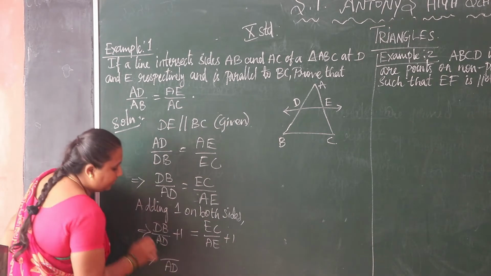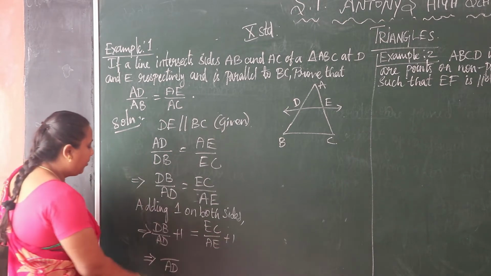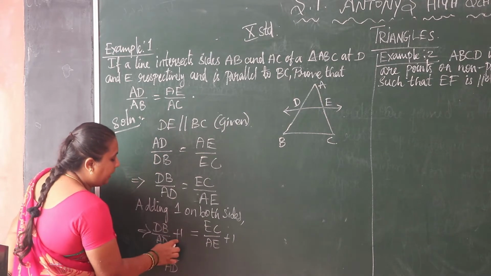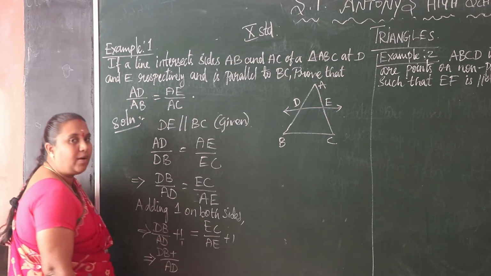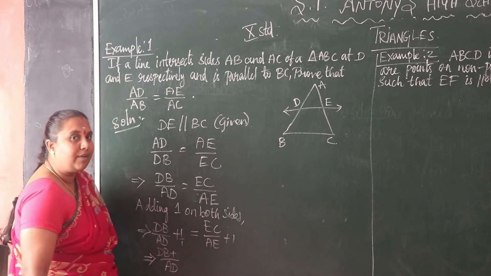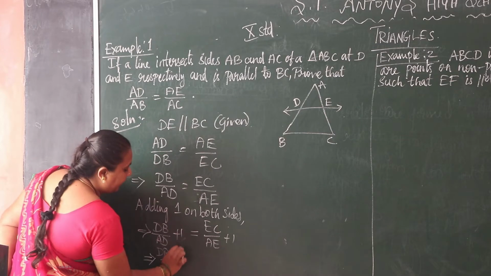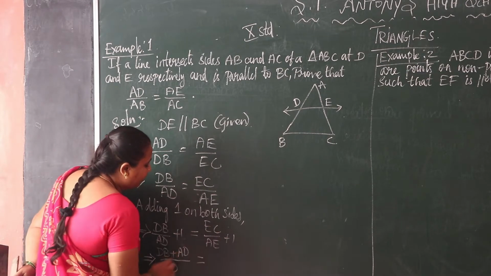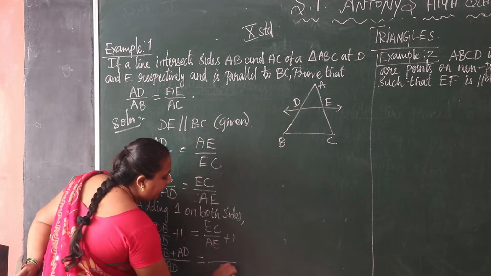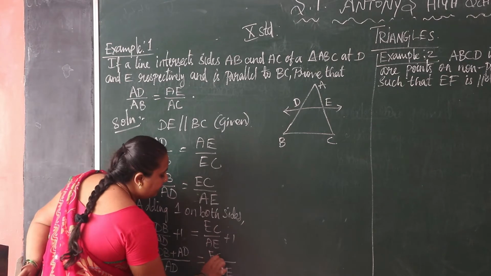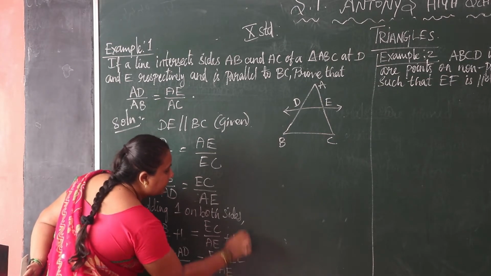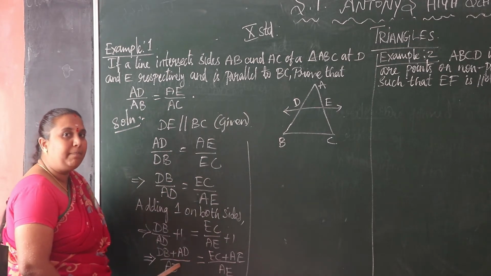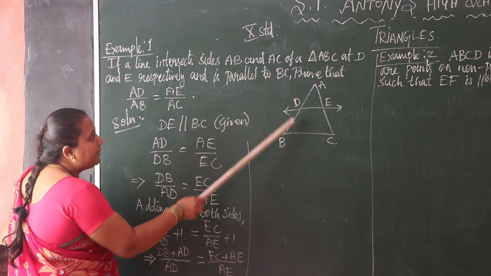AD is the LCM here, so DB plus AD by AD, multiplying 1 by 1 with AD. Similarly on the other side we take LCM AE, so we get EC plus AE by AE. Now we have DB plus AD.